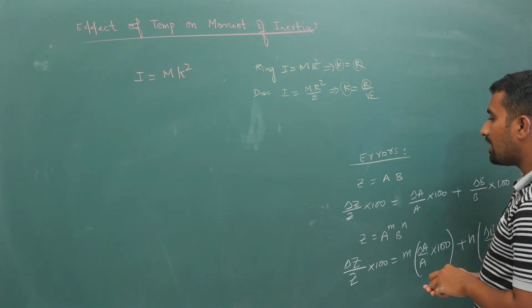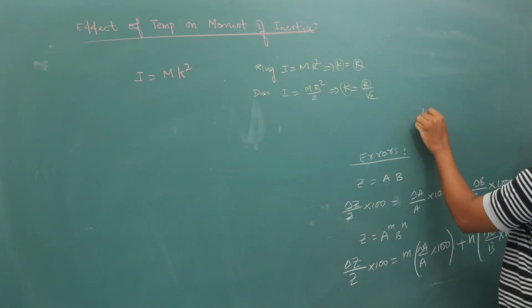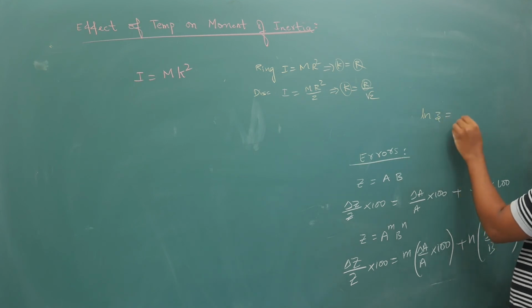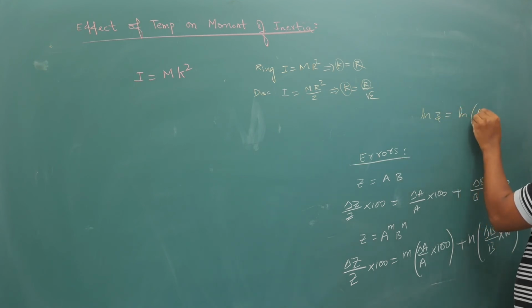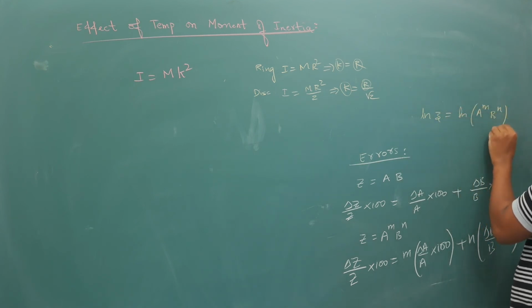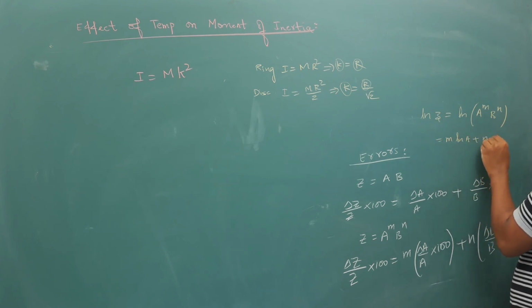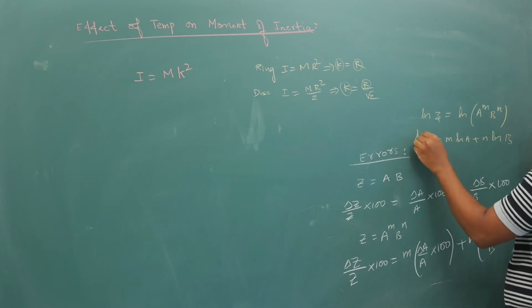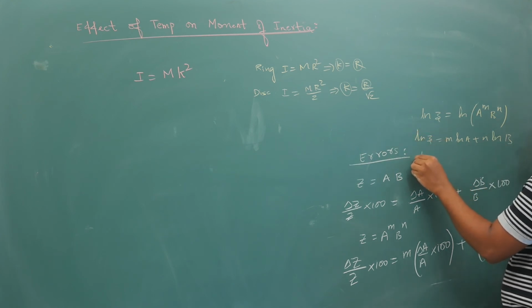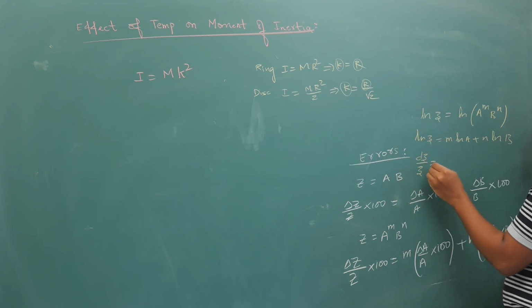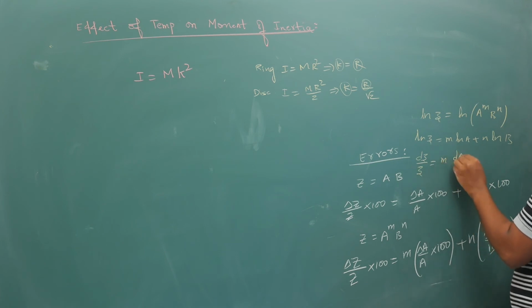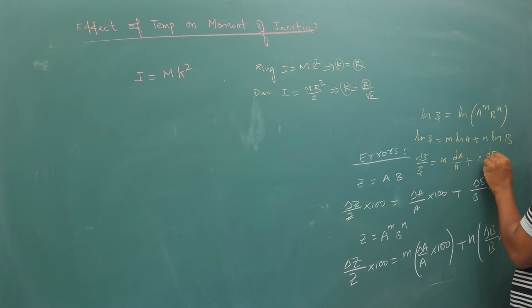Okay, for clarity sake, those who are good in maths, ln z is equal to ln of a power m b power n. That will become m ln a plus n ln b is your ln z. Derivative dz by z is equal to m times dA by a plus n times dB by b.